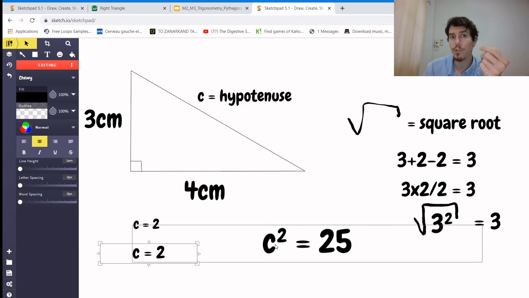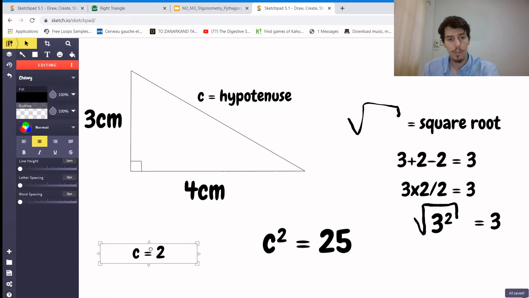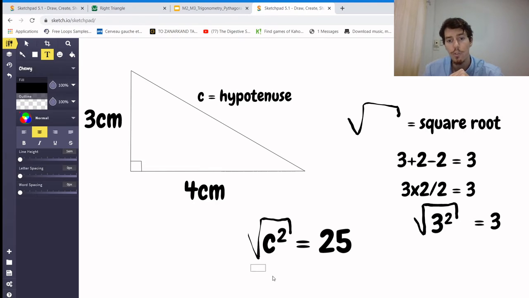So when you have square root and square, everything is the same, okay? Going to remove this. In this equation, c squared equals 25. I don't want c squared, I want c. So to get c, I have to take the square root. Okay, because the square root of c squared is going to be equal to c.